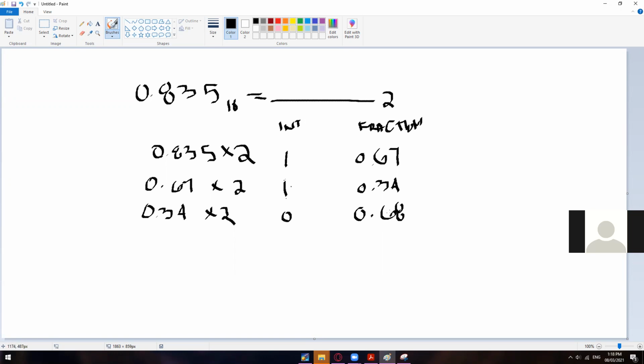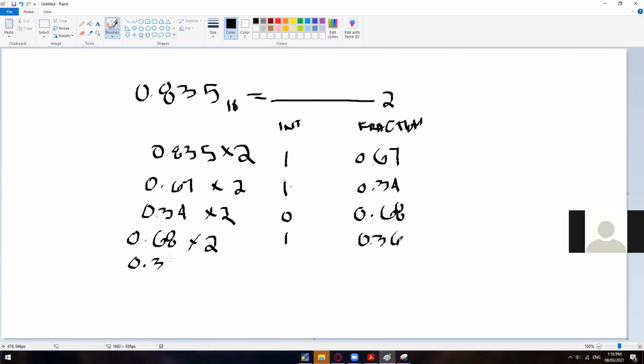0.68. Oh, this one is quite long. 0.68 times 2 is 1.36.